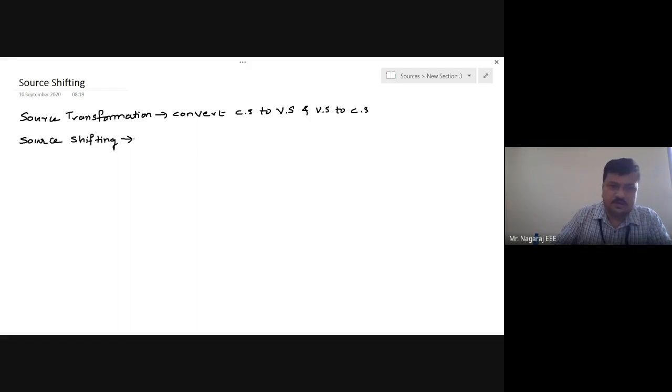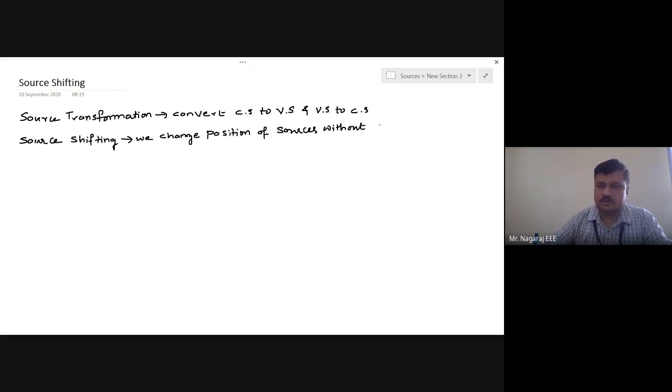So we change the position of sources without altering the branch currents and node voltages.